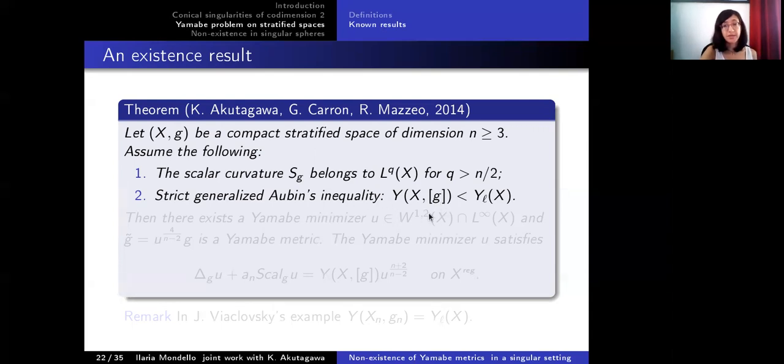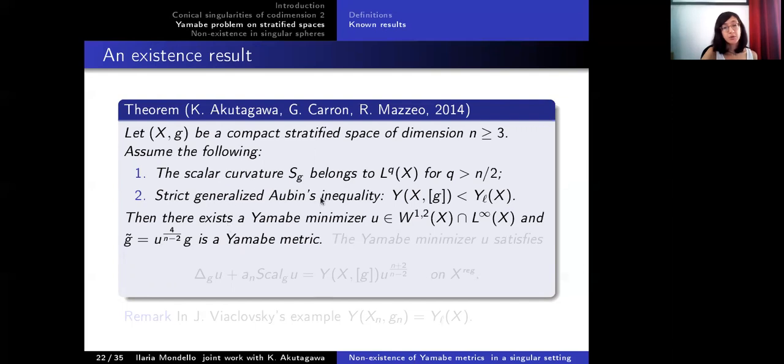So you assume that the Yamabe constant of the whole space is strictly less than its local Yamabe constant. Then under those assumptions, you always find a Yamabe metric and a Yamabe minimizer that belongs to W^{1,2} and is bounded on the whole space. Moreover, something that we are going to use later, the Yamabe minimizer satisfies an equation, the Yamabe equation, only on the regular set. So you know something about the Laplacian of the Yamabe minimizer, and this is important.